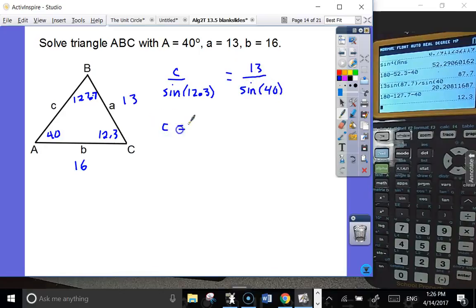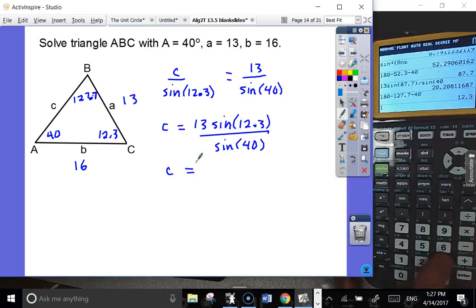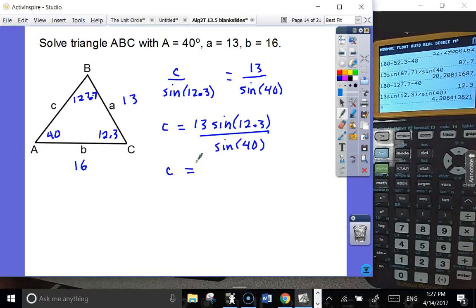So C equals 13 times the sine of 12.3 divided by the sine of 40. That gives 4.3. So 4.3.